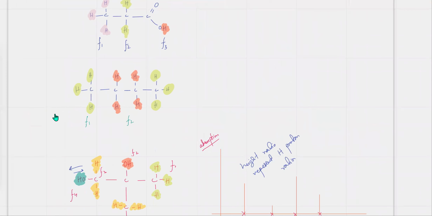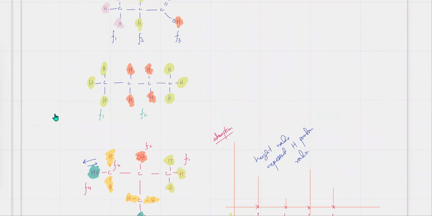The NMR spectrum would be, in this case, just 2 frequencies. There's going to be F1 and there's going to be F2. And F1 will have 6. It would be 6:4.